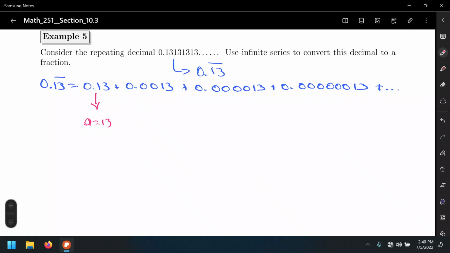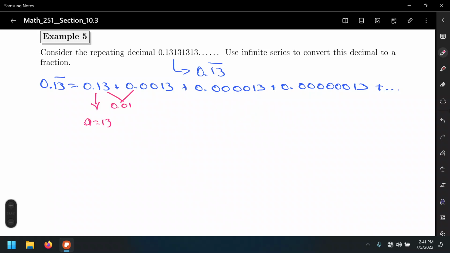By finding the common ratio, that is the ratio of a term to its previous term. So in this case, 0.0013 over 0.13. That's going to give us 0.01.